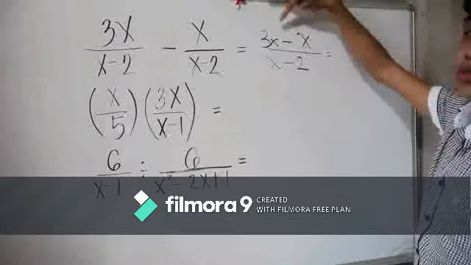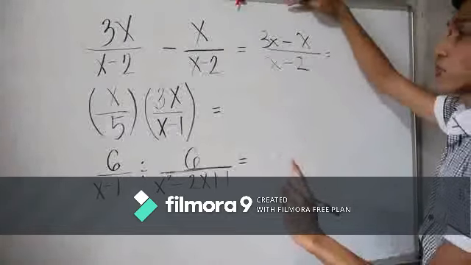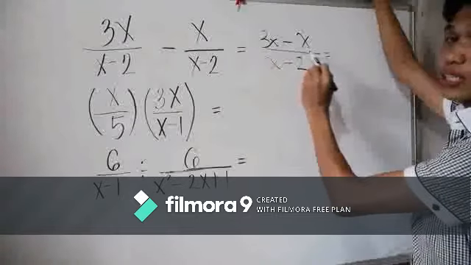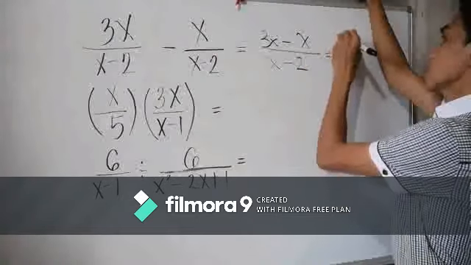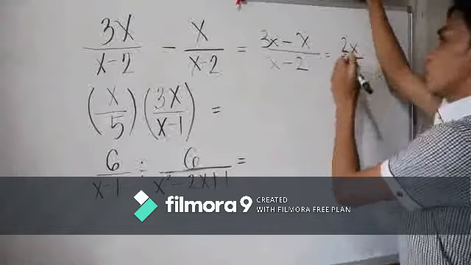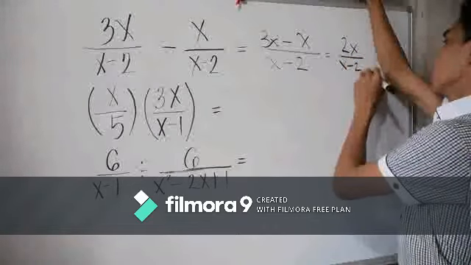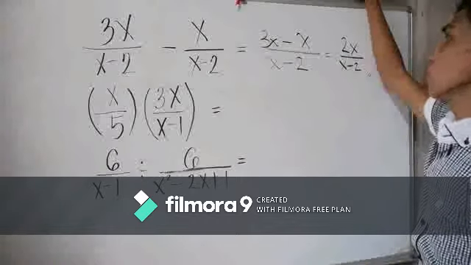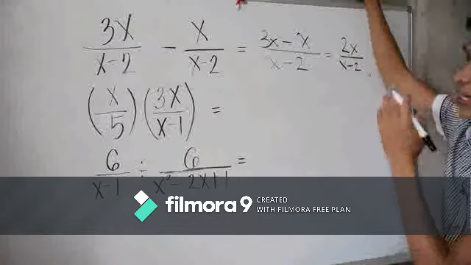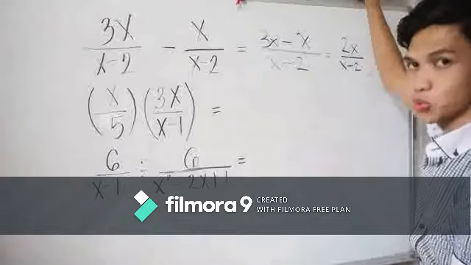We just need to perform the operation on the numerators. So 3x minus x would be 2x, over the copied denominator x minus 2. That will be the final answer: 2x over x minus 2.